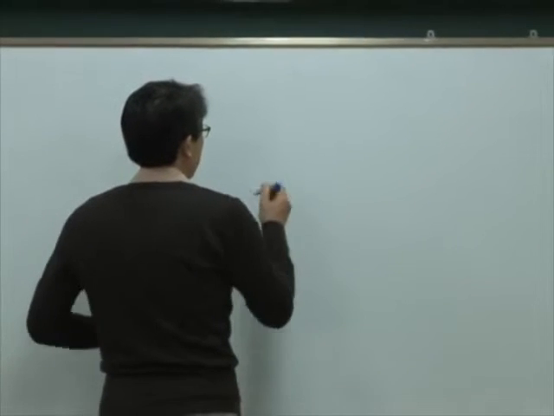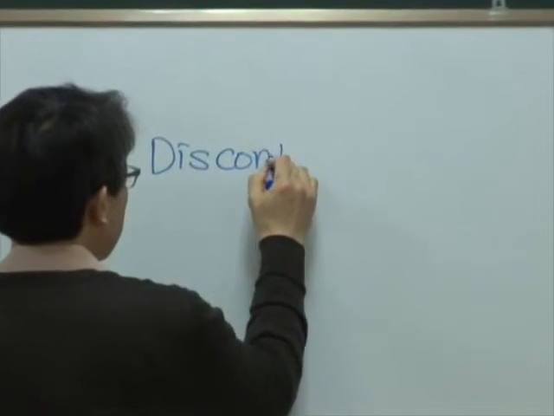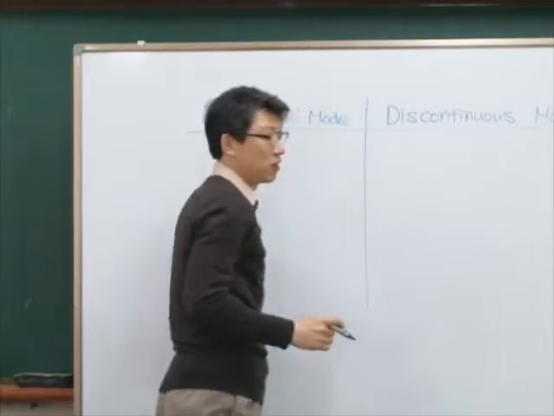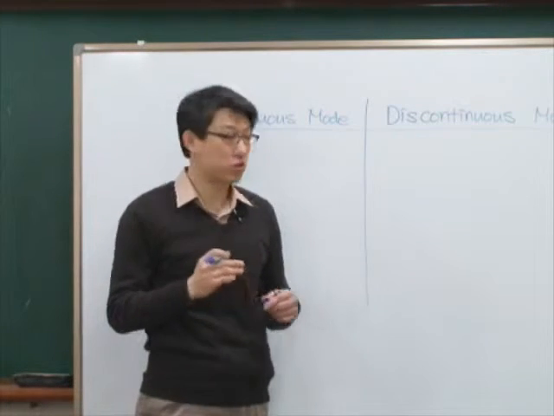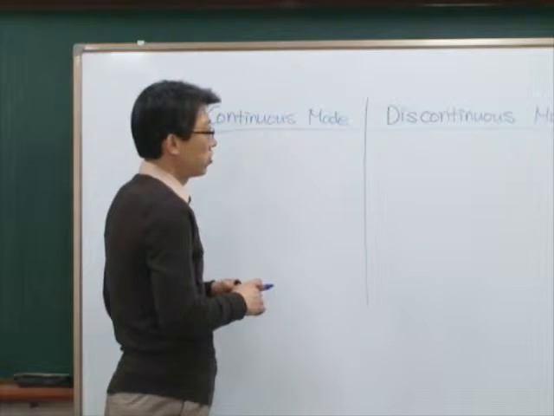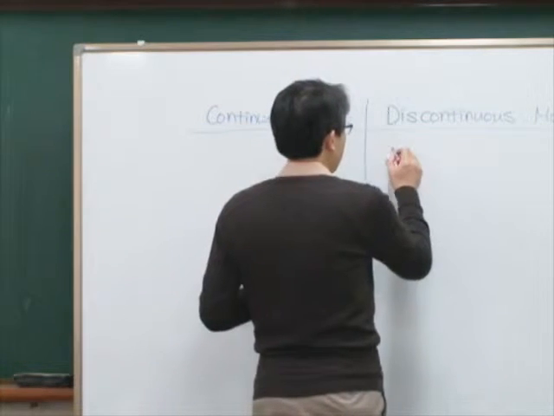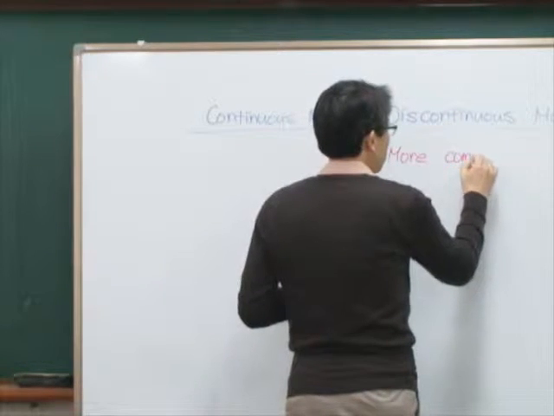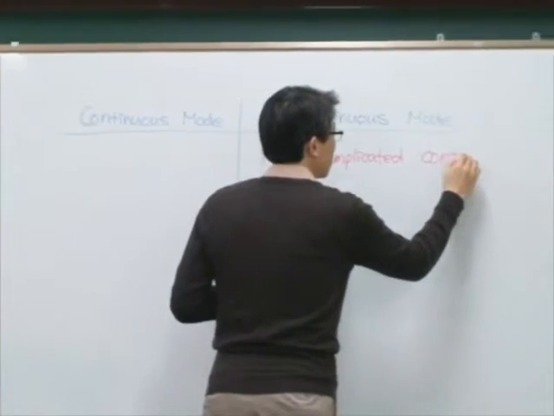But, okay, maybe it's good that we can summarize here. Let me briefly explain the advantages and disadvantages. So discontinuous mode, disadvantage is more complicated control model.